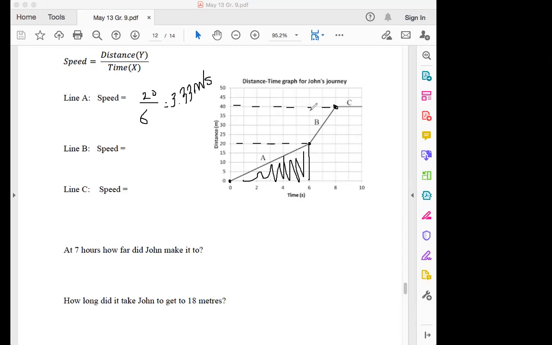So our distance changes 20. And then our time, again we want the distance from there to there, so that is 2. So line B is 10 meters per second.